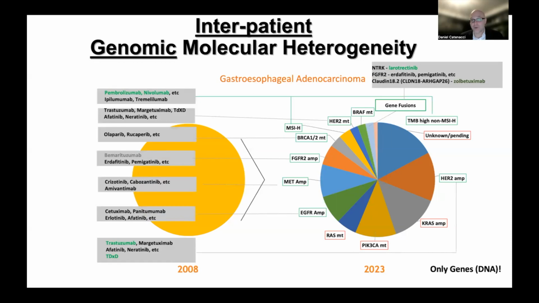The other thing to note on this pie chart is that these are just gene sequencing results. It doesn't incorporate anything about protein expression levels. So you see here that there's nothing to do with PD-L1 expression or claudin expression. This is a gene translocation here. And so when we try and account for that, it adds another layer of complexity.